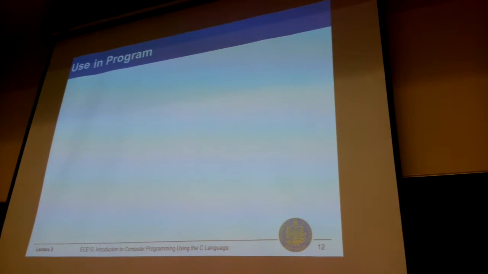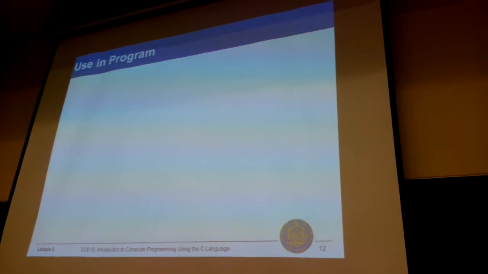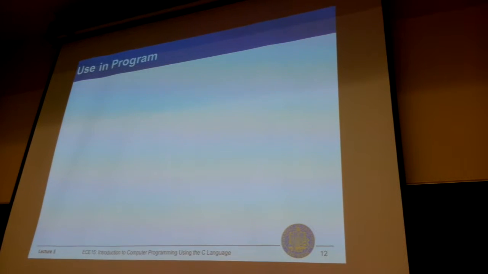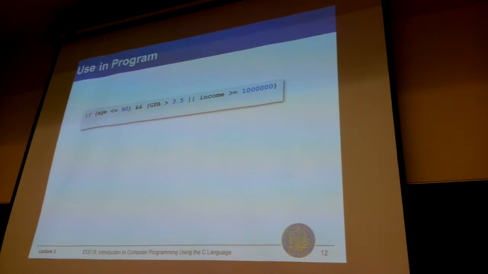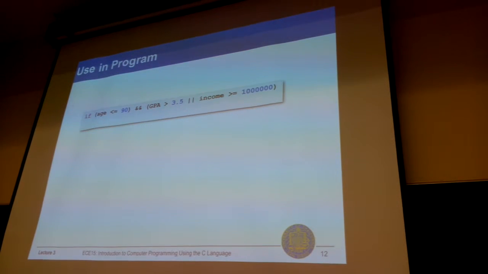So let's see an example of using an if statement and these logical operations and relational operators in a program. So here's a program that is checking a few different variables and deciding on what to do.